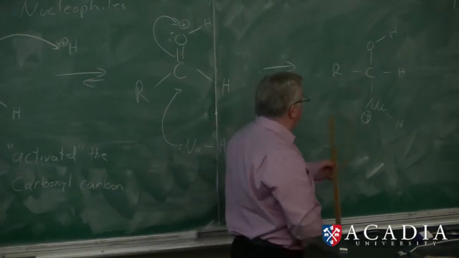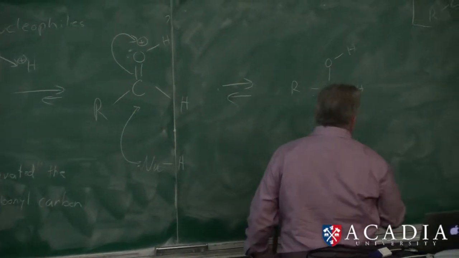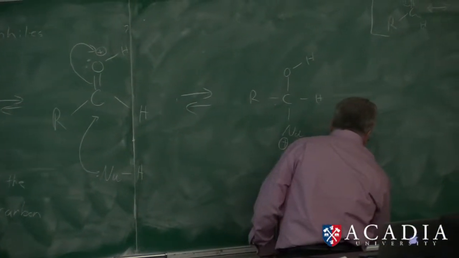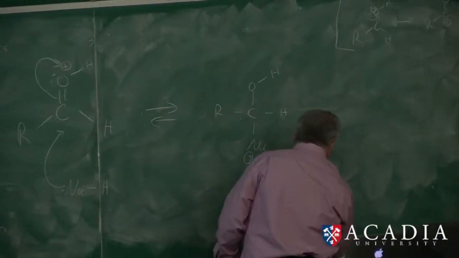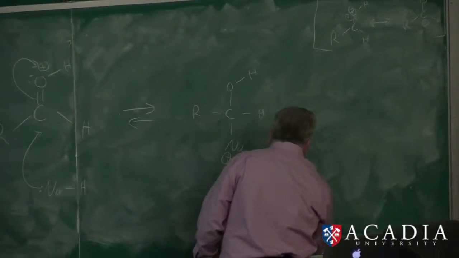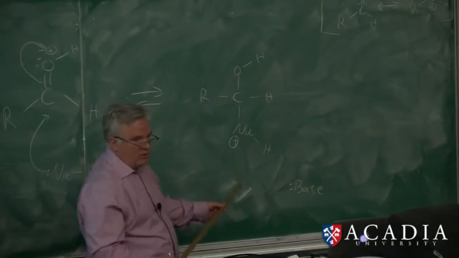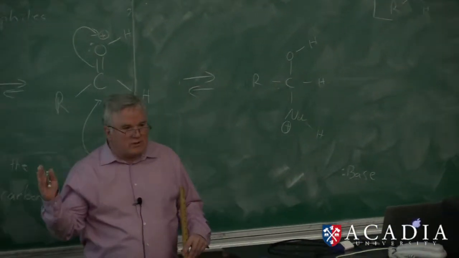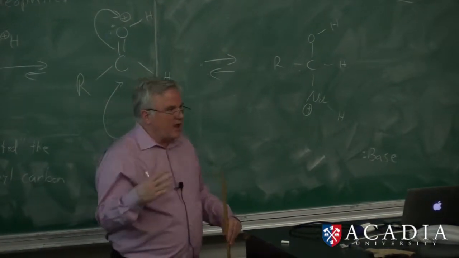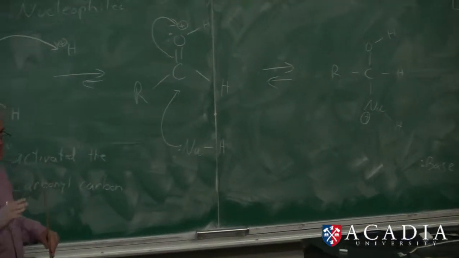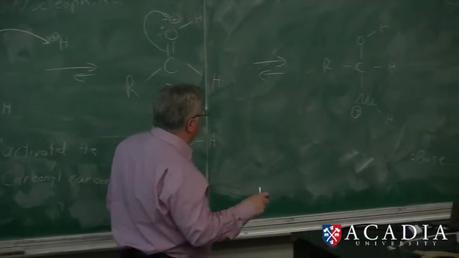So we still have a positively charged compound here, and whatever our conjugate base was is going to end up pulling off that proton. So whatever acid we used, it had a conjugate base. Now there's other things that can act as conjugate bases, and we'll talk about that later today.